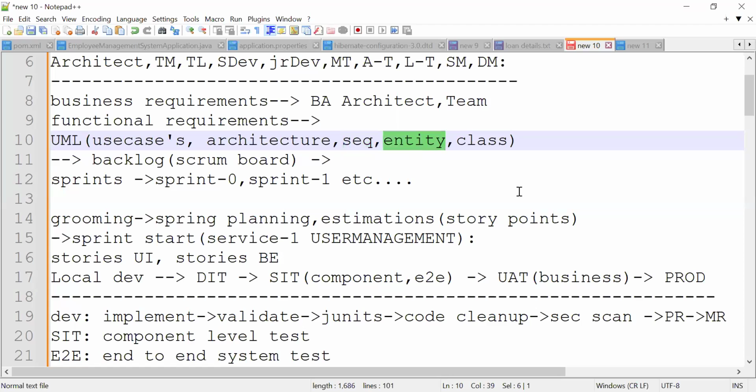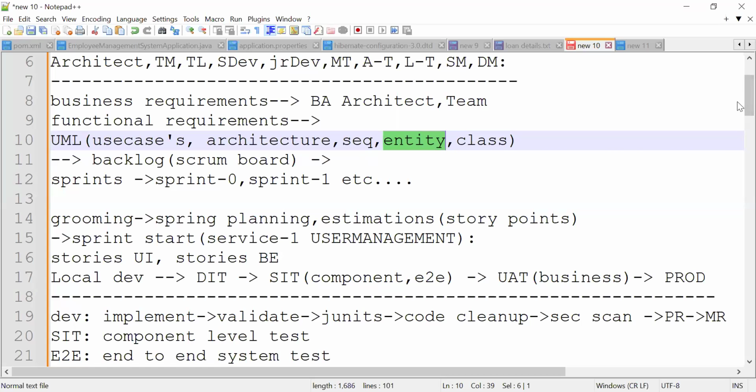And to provide backend database tables, if you do a clear entity segregation during analysis itself, we will find how many tables we may require. The architect or technical lead, whoever wants to, can provide the best entity design.